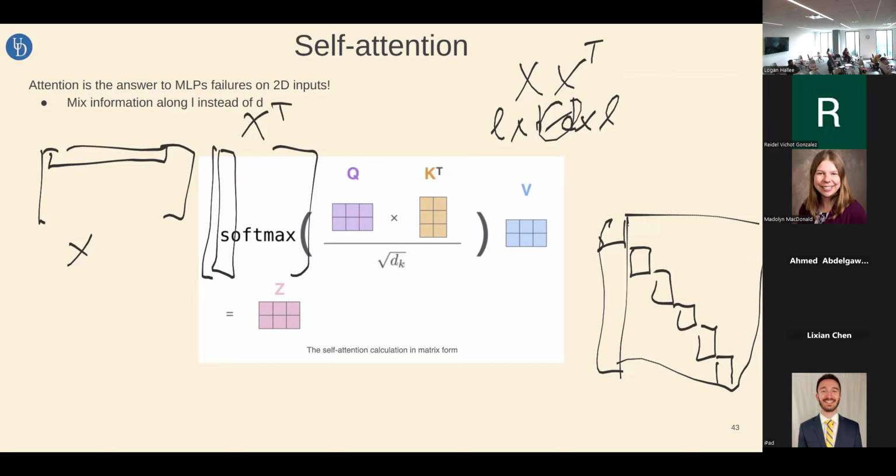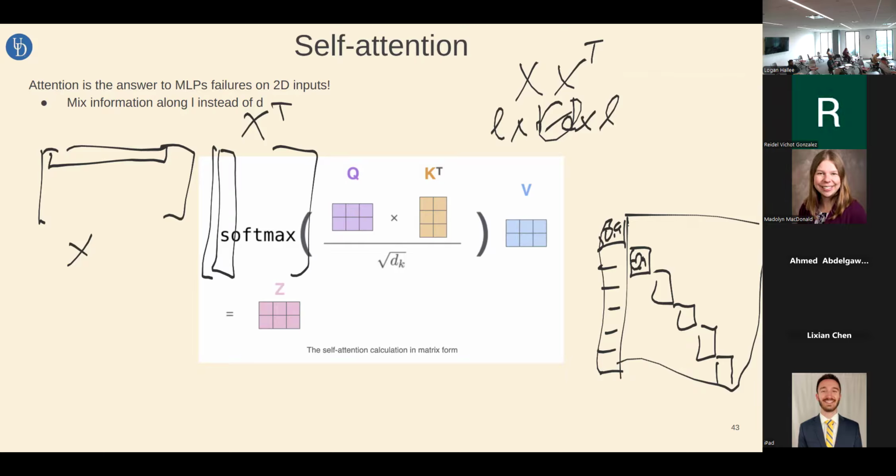So these values are going to be very high, 0.9 or something, and everything else is going to be some smaller value, unless for some reason there were duplicate columns in X or something. And so this L by L is a self-similarity matrix. It's like looking at itself in the mirror, and what that results in is very high values in the diagonal.